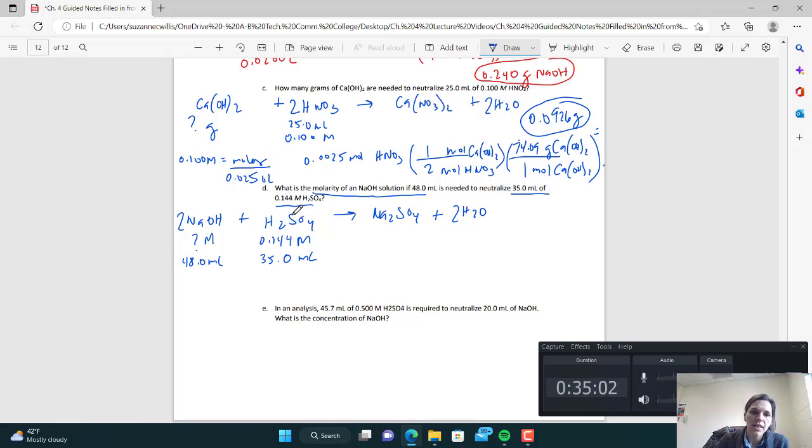That's step 1. Then we go mole to mole ratio. And then once we get moles here, we can use moles and volume to find molarity. Okay? Since this is a similar process, I'm going to just give y'all the answer here and you'll be able to work through it and see if you have any questions. So the answer there would be 0.210 molar NaOH.